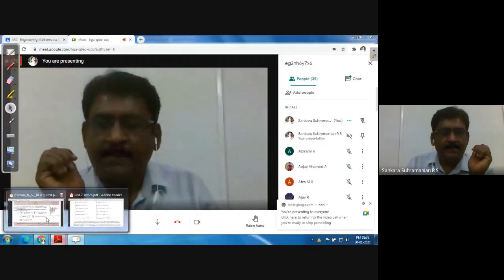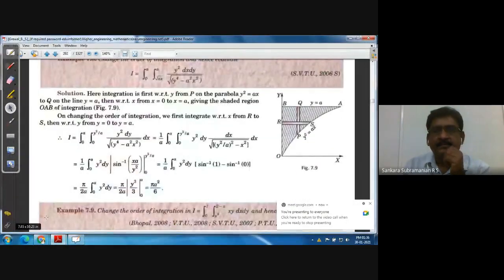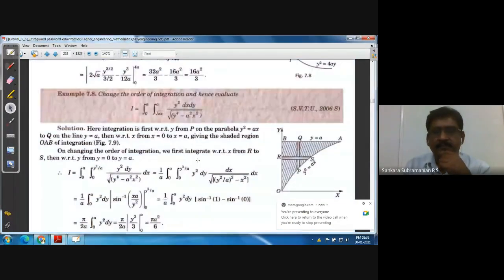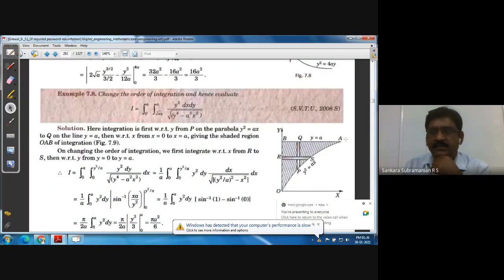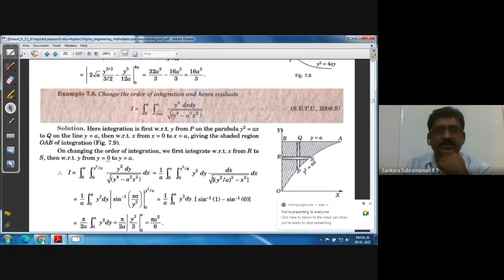We'll see that. So this is y square equal to ax, right? This is y is equal to 0 to y is equal to a. இப்போ பாருங்க, you see the diagram.